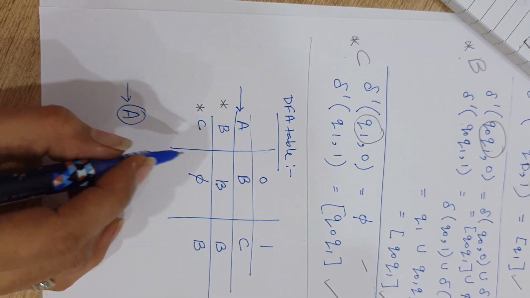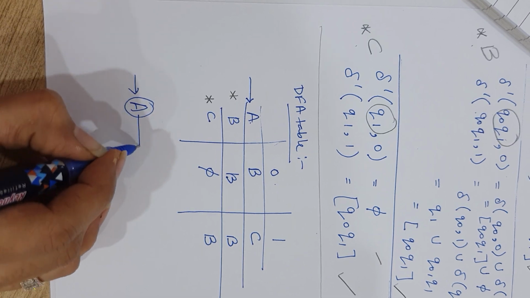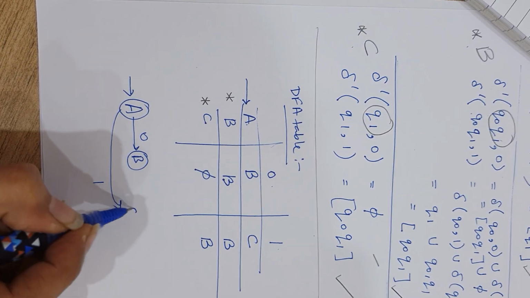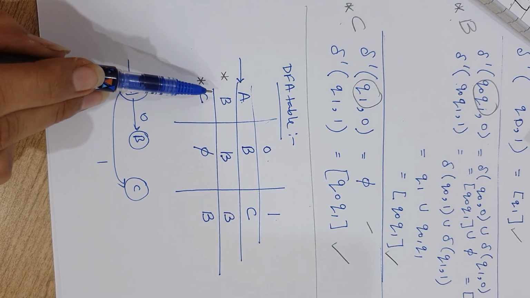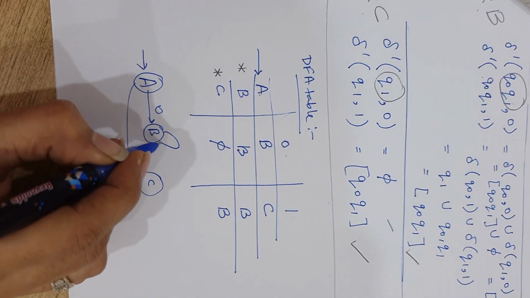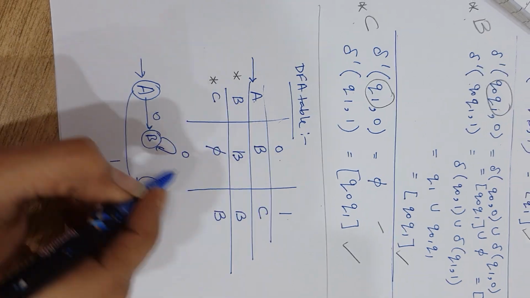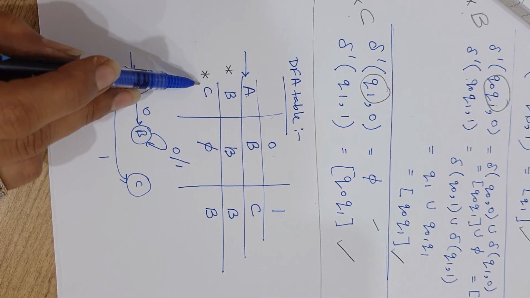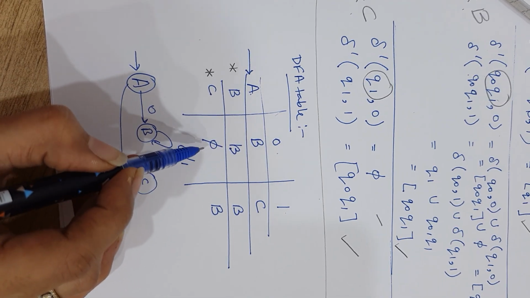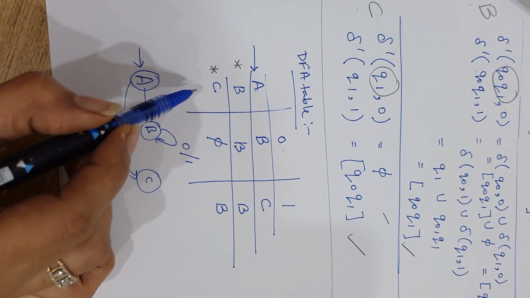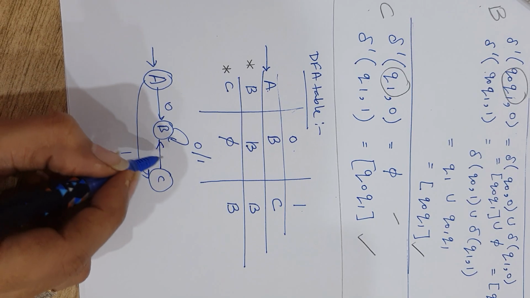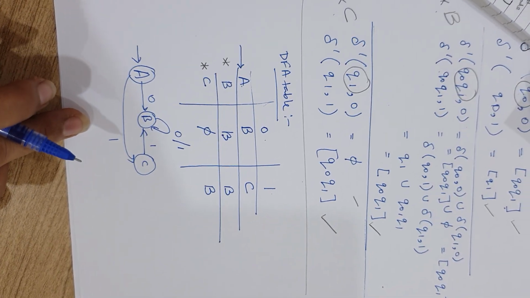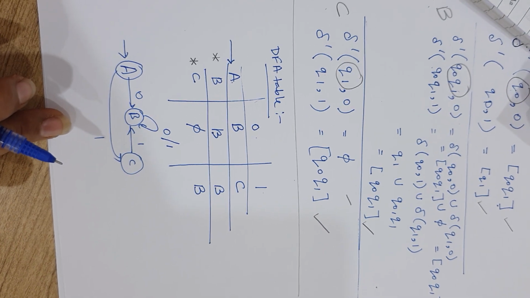In the diagram, A on 0 gives B, A on 1 gives C, B on 0 gives B, and on 1 also it gives B. So I write a slash. C on 0 gives phi, so no transition will be there. C on 1 gives B. So this is the state diagram corresponding to the given DFA.